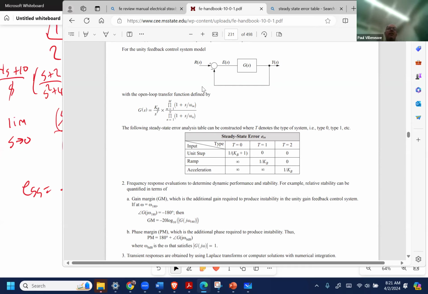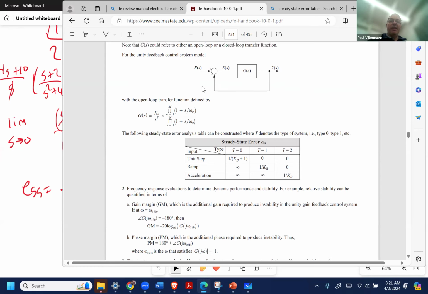So it shows you a type system, 0, 1, 2, a unit step. They just call it K sub B. So they don't do a good job because this K sub B value changes, right? K sub B varies. So for a step input, it's different than a ramp, and it's different from a parabolic.